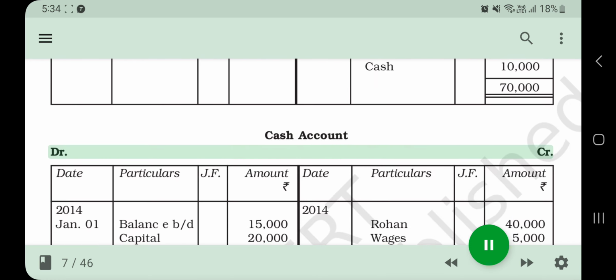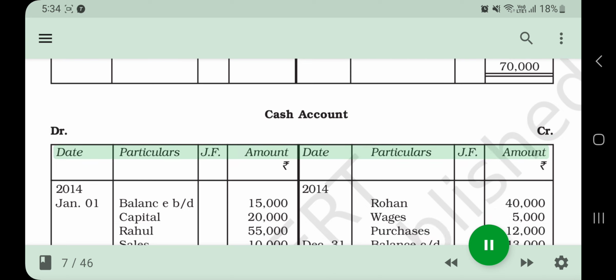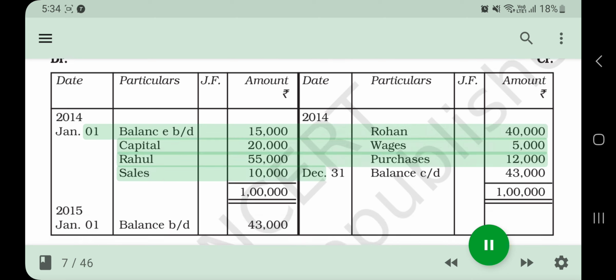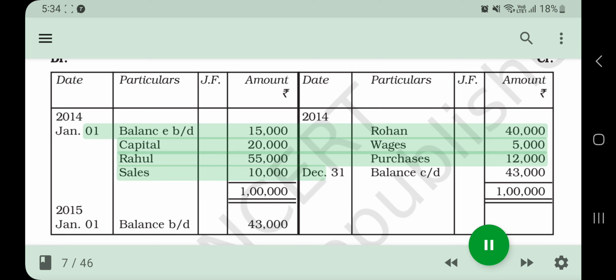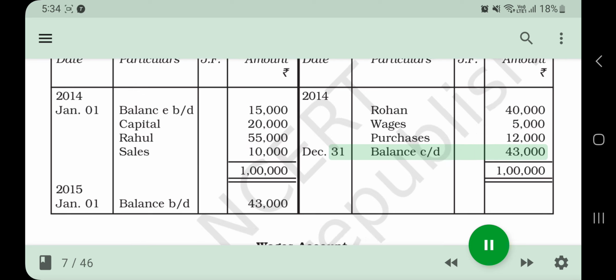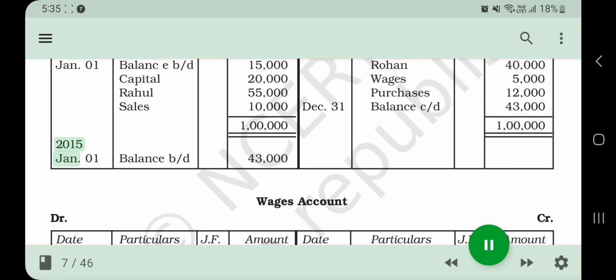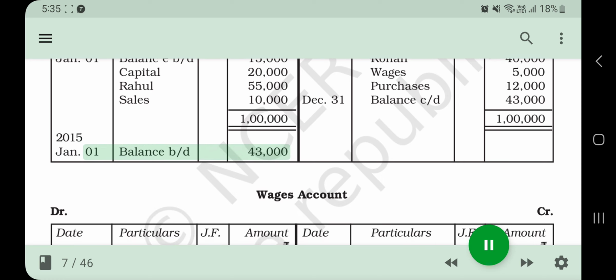Cash account. 2014 Jan. 01 balance b/d 15,000; Rohan 40,000; Capital 20,000; Wages 5,000; Rahul 55,000; Purchases 12,000; Sales 10,000; Dec. 31 balance c/d 43,000; total 100,000. 2015 Jan. 01 balance b/d 43,000.